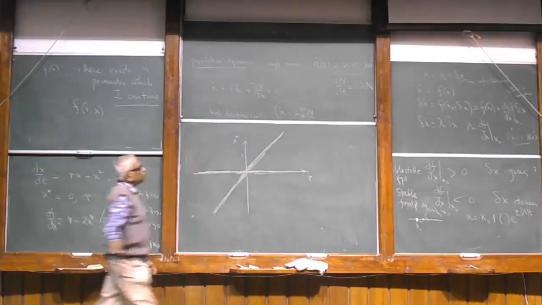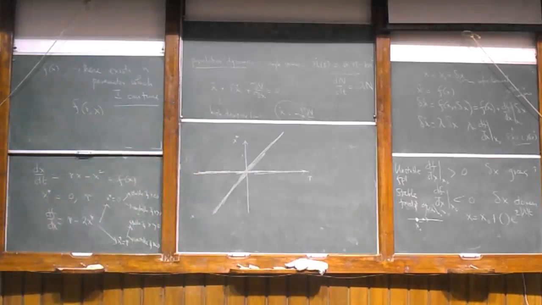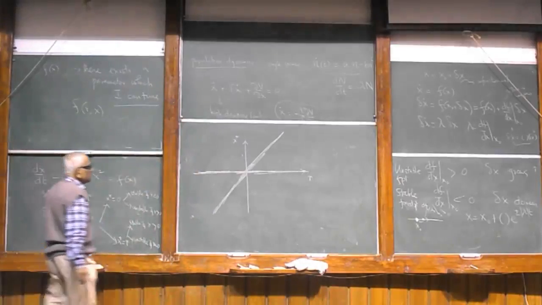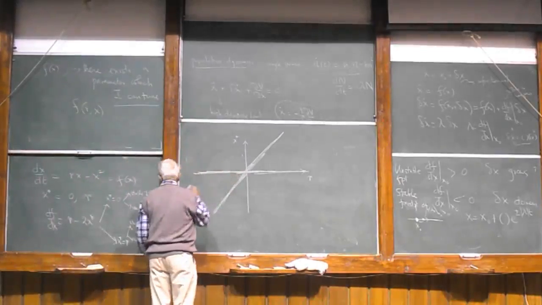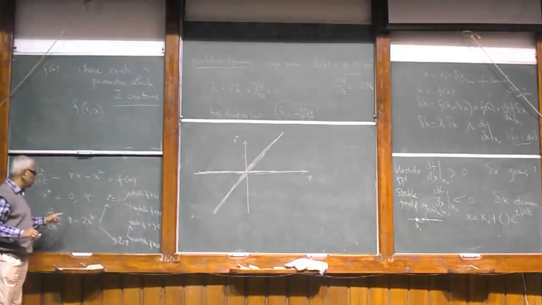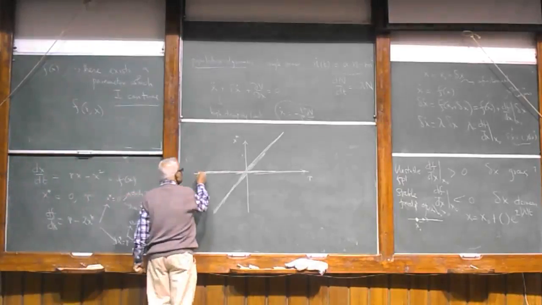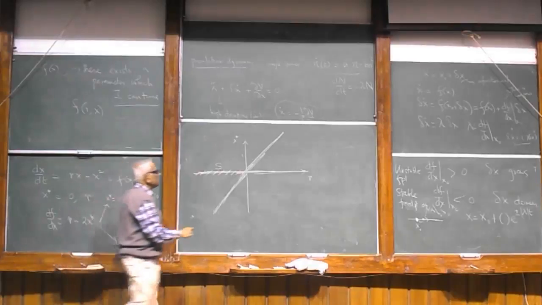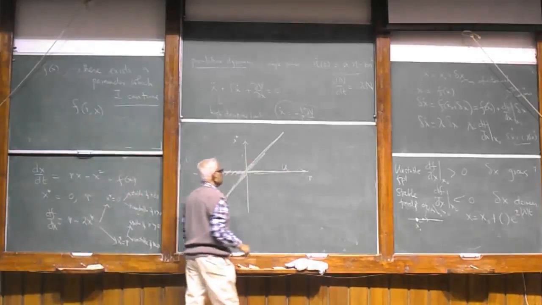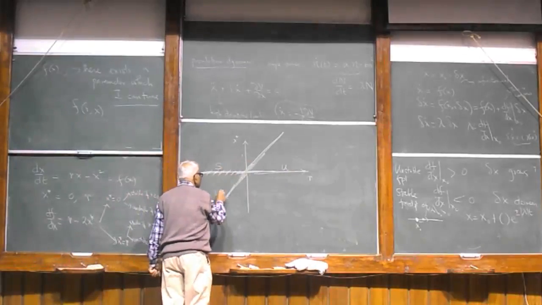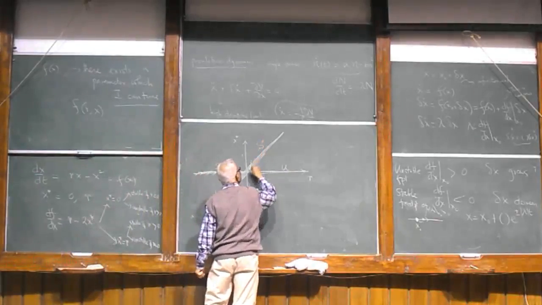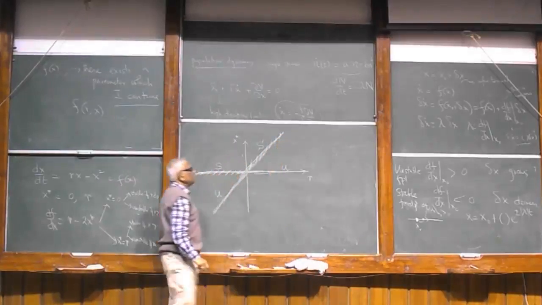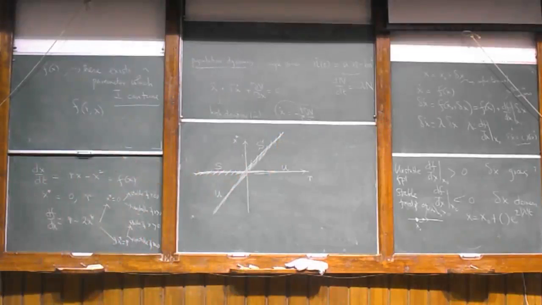So X star versus R: when R is negative, X star equal to 0 is stable, and when R is positive, this is unstable, and this is unstable here, and this is stable over here.